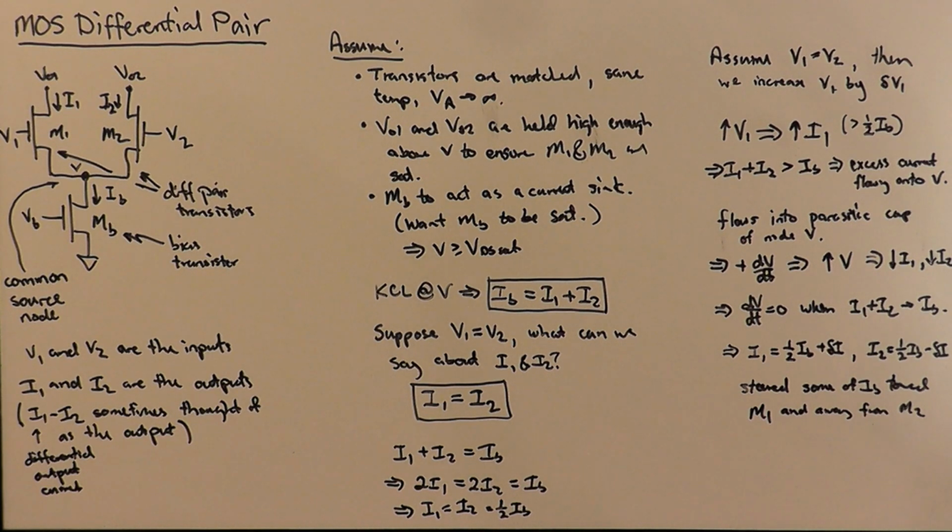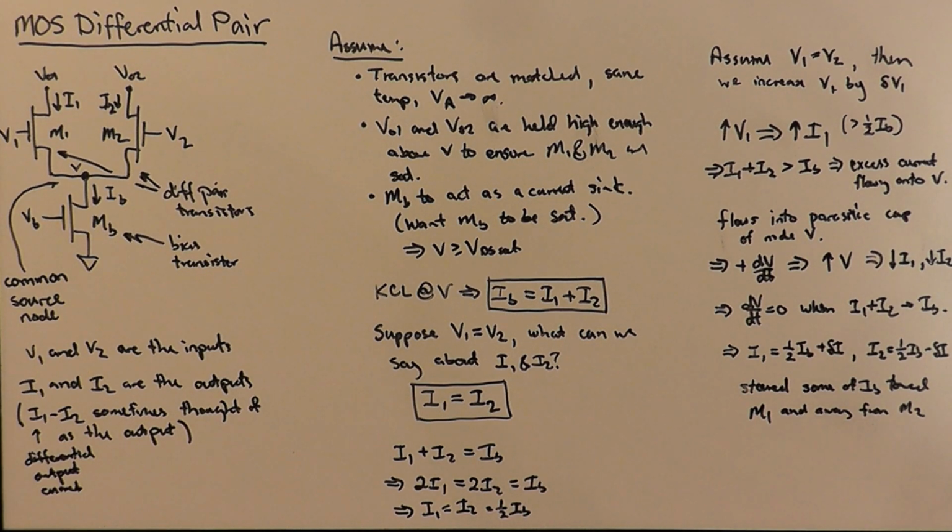That leads to an increase in the voltage V, which pushes back on I1 and I2 until the sum I1 plus I2 is restored to IB. And the net effect would be that I2 would be increased by some delta I, and I1 would be decreased by that same delta I. And so we would have steered some current toward the I2 side. Well, we could imagine telling a story about decreasing V1 relative to V2.